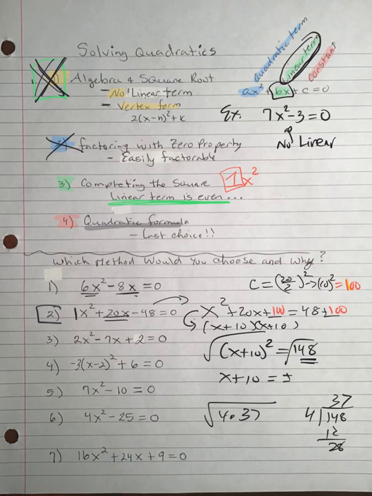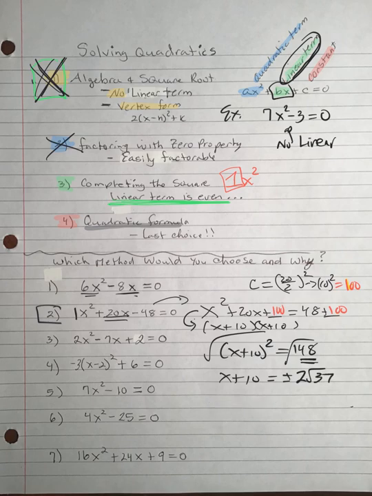Prime numbers, the only factors are 1 and itself. So 19 is prime, 1 times 19, 17, 1 times 17, 11, 1 times 11. And I happen to know that 37 is prime. Nothing times nothing is 37. So I don't need to waste my time breaking that up. Knowing some of your prime numbers can be very valuable. So this has to be 2 square root 37.